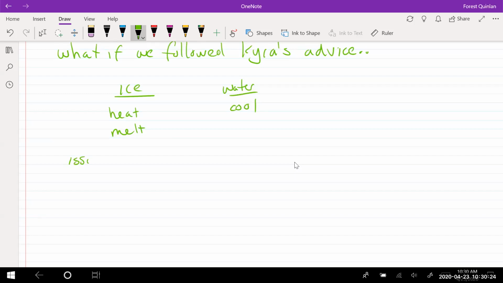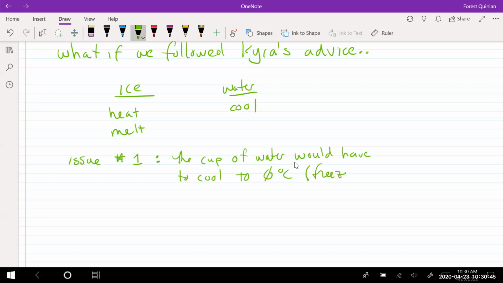So issue number one, the cup of water would have to cool to 0 degrees Celsius. It would have to freeze.